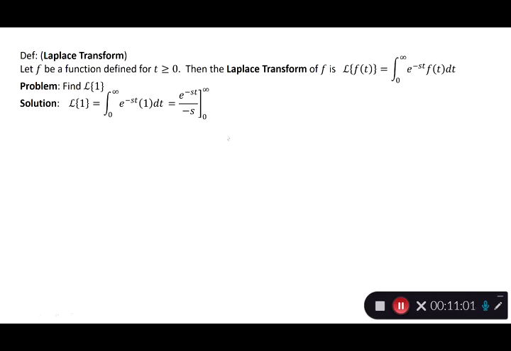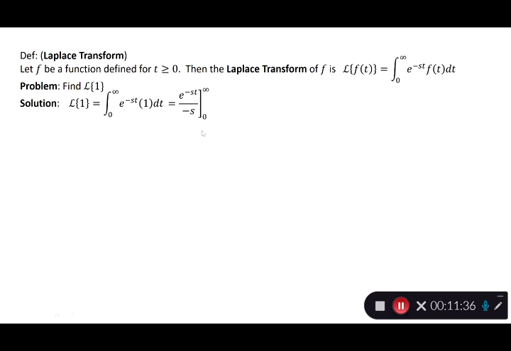So, while we understand it basically boils down to plugging, don't say plug infinity, okay? Instead, say figure out the limit as t approaches infinity of this quantity, e to the negative st over negative s.